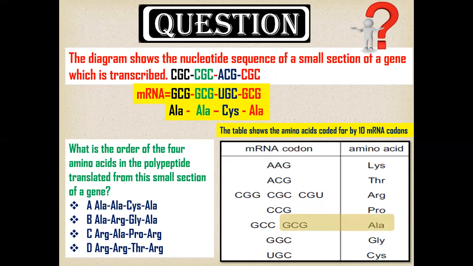For example, guanine, cytosine, guanine is equal to alanine. Once again, alanine is repeating, and the third one is uracil, guanine, cytosine, which is equal to the cysteine amino acid. So the sequence is alanine, alanine, cysteine, and alanine. A will be the correct answer for this question.